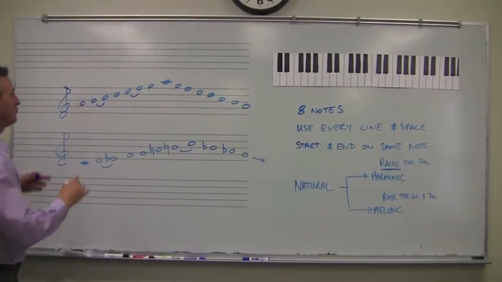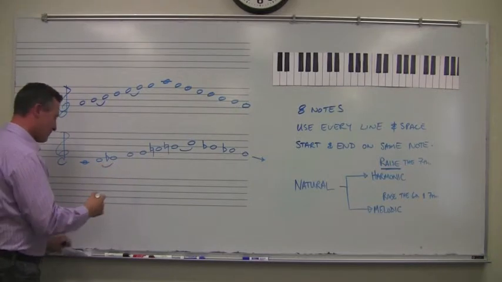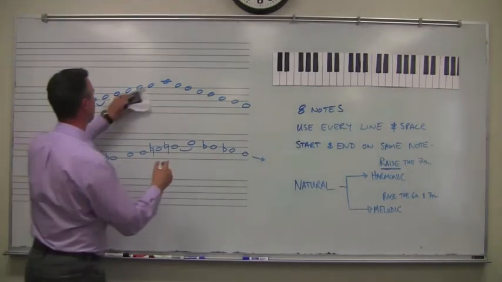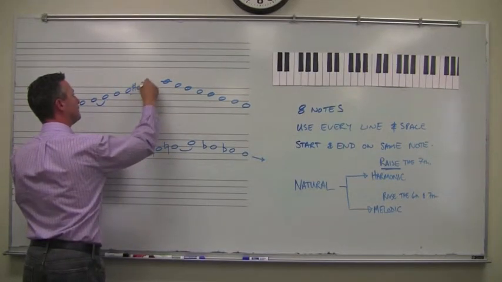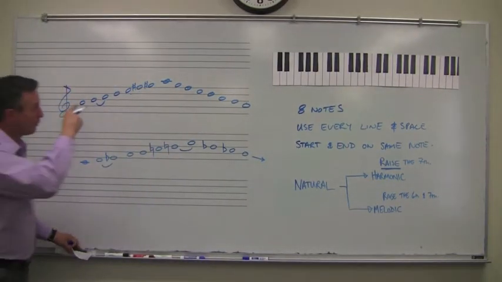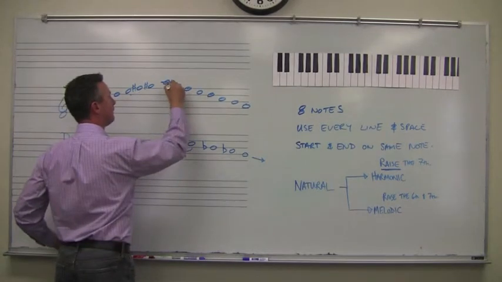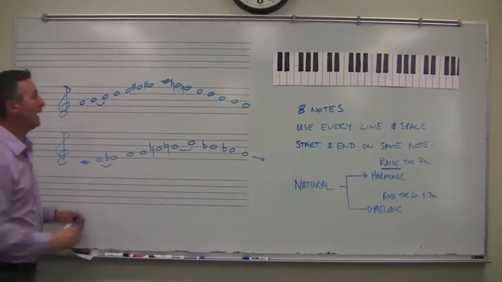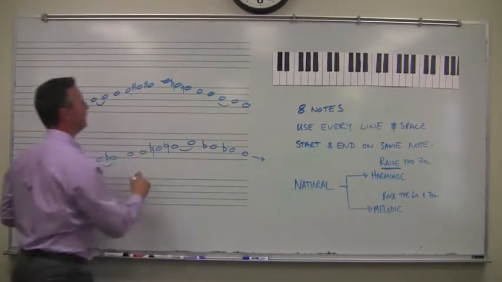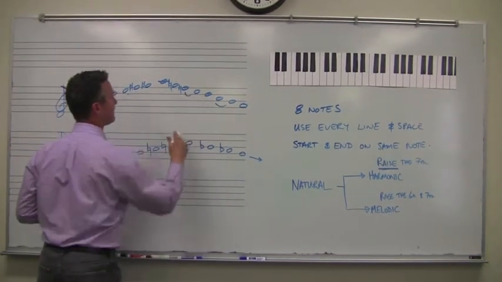But then I would make my adjustment. So I want to now make this a melodic minor scale, so I'm going to raise the 6th and 7th scale degree. But on the way down, I'm going to turn them back into whatever they were in the natural. And then I end up with this scale going down.